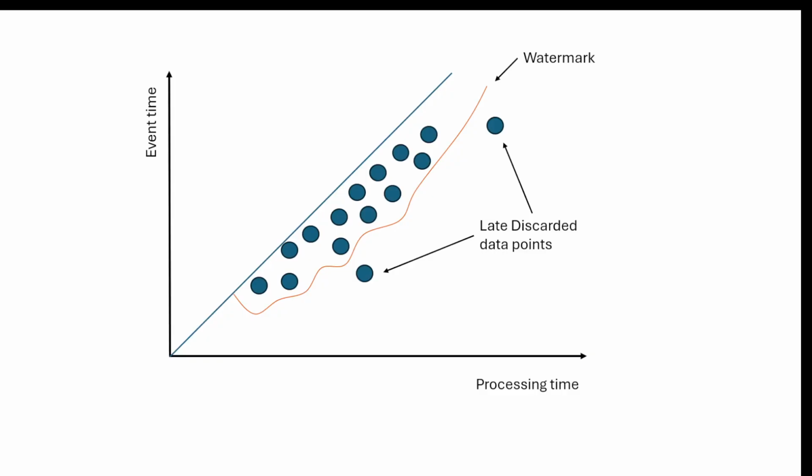The reason why this is implemented is two things. One is that data is not guaranteed to come in predictable time. It can come after some time, and that's where the watermark helps. Another is that events might not come in order.